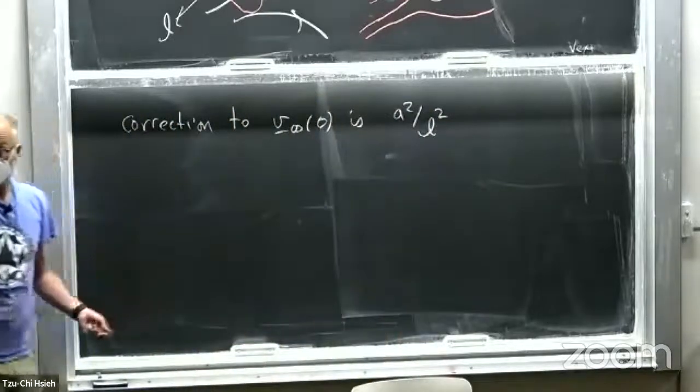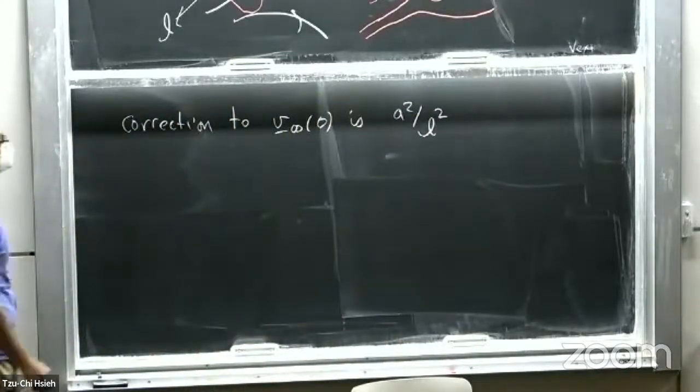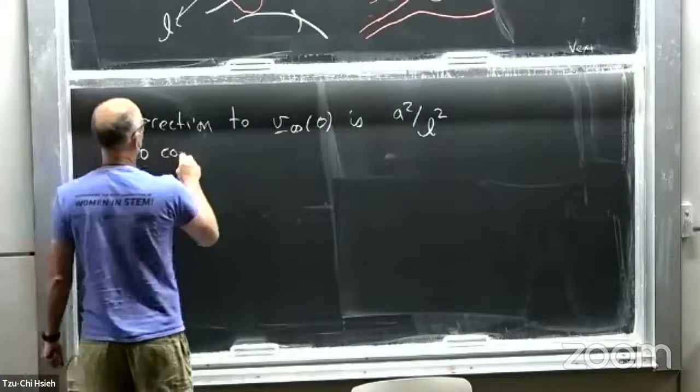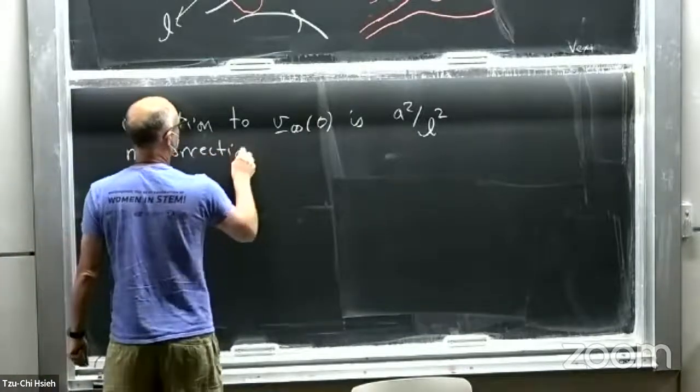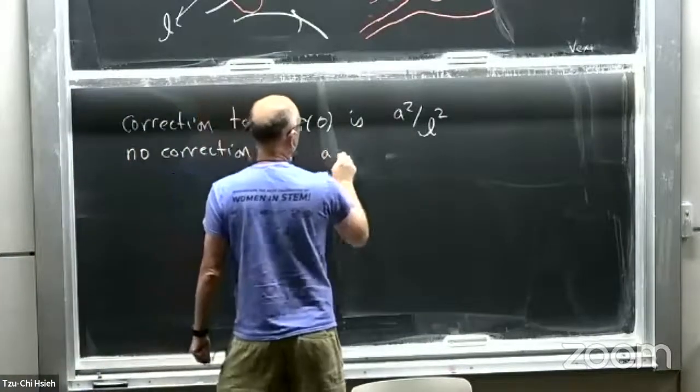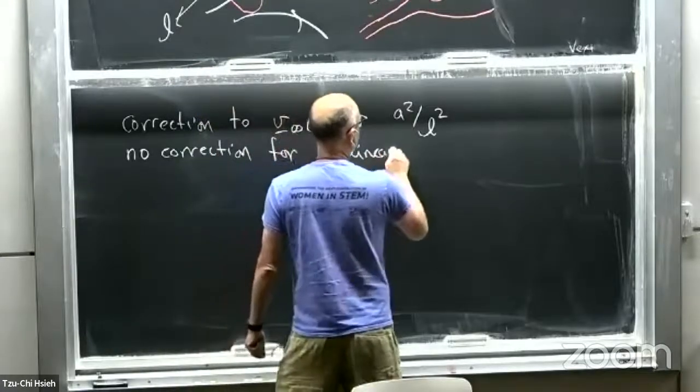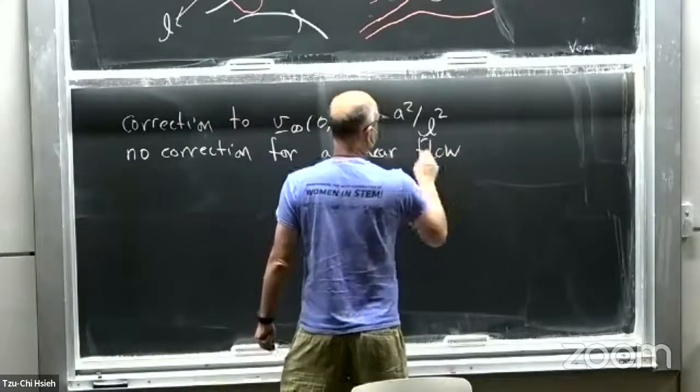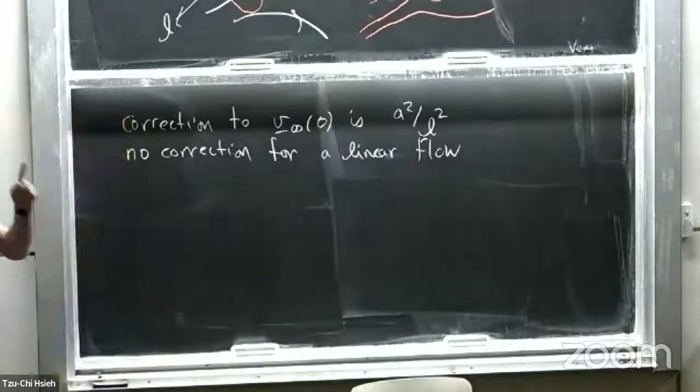And of course, it's equal to 0 for any linear flow, right? There's no correction for a linear flow. So the simple shear flow I drew over there, or an extensional flow.